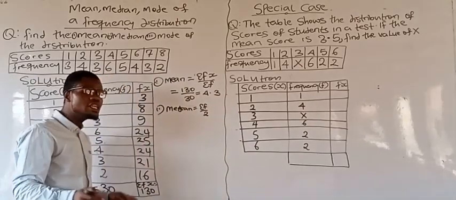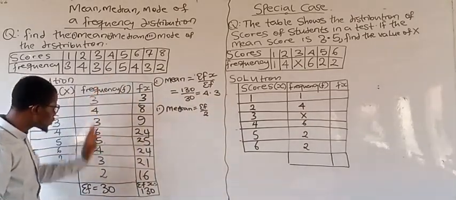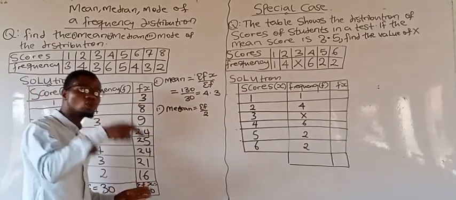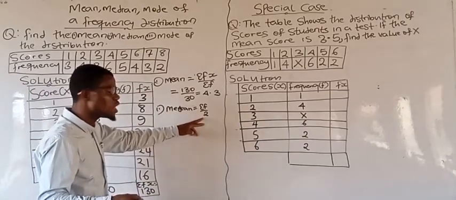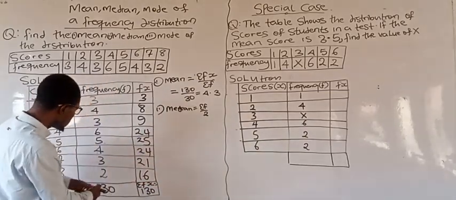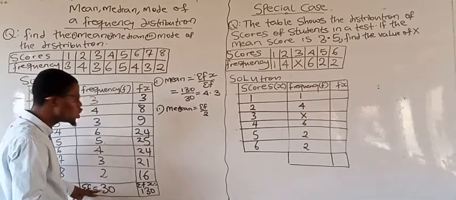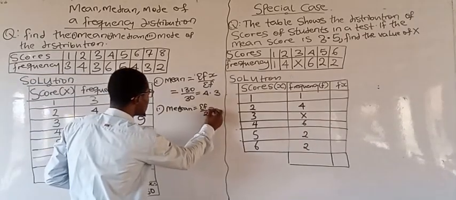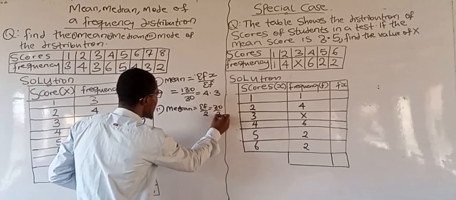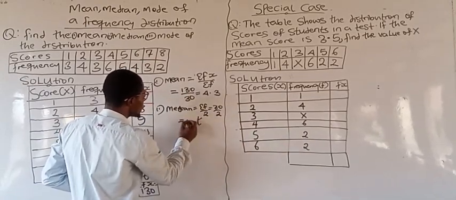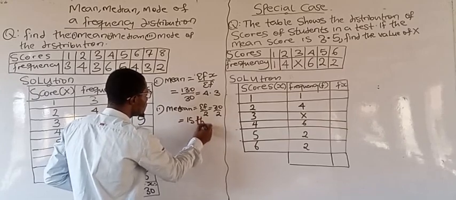But don't forget that if at the end you add your frequency together and arrive at an odd number, you have to add 1 to that odd number and divide the result by 2. But thank God, the summation f here is an even number. So when you divide, we have 30 divided by 2. This gives us 15.